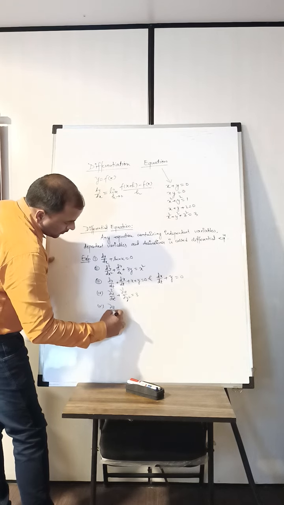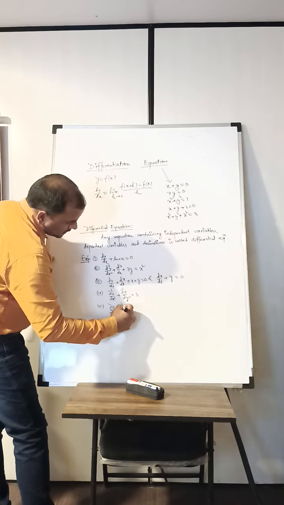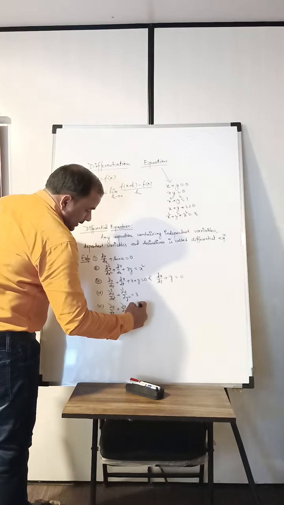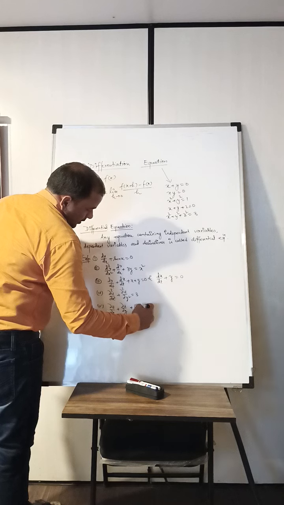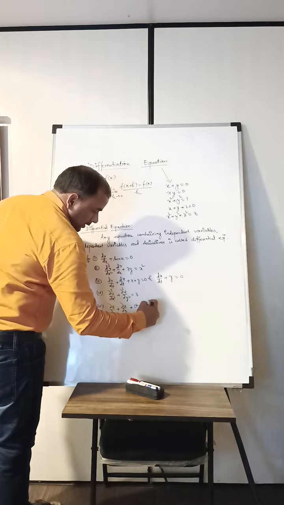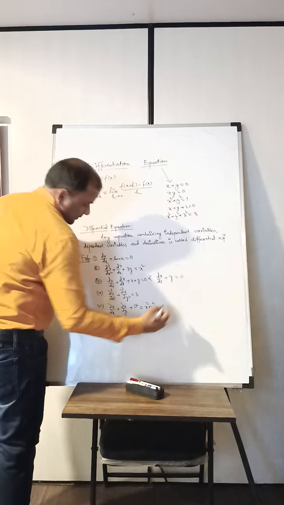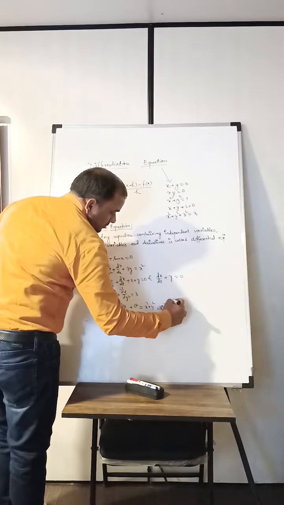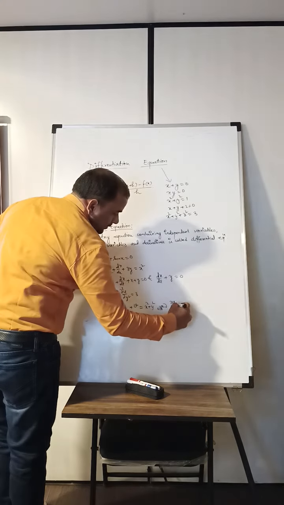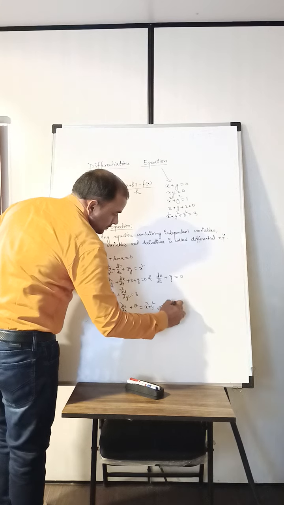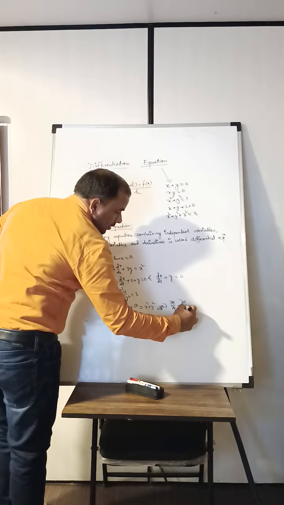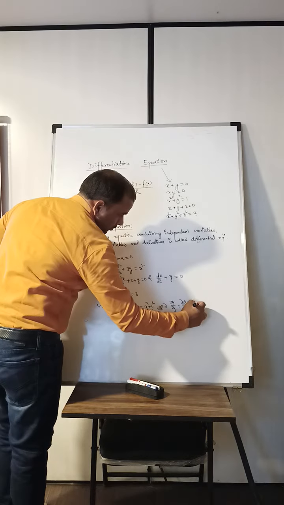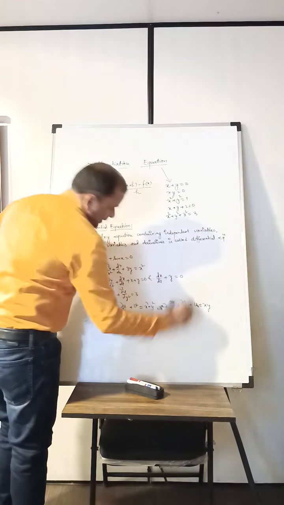Fifth, del u on del x plus del u on del y plus v equal to x square plus y square, and del u upon del y plus del v upon del x plus u equal to x into y.